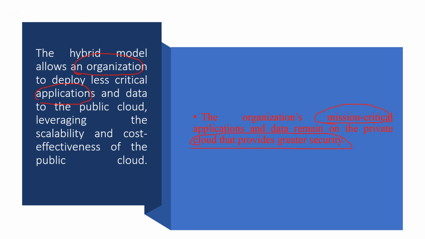So in the hybrid model, since we consider a combination of private and public, we can keep the less critical data within the public cloud and store more sensitive data within the private cloud, so that we can maintain the confidentiality as well as the integrity of the data.